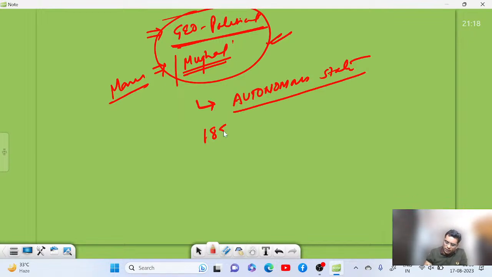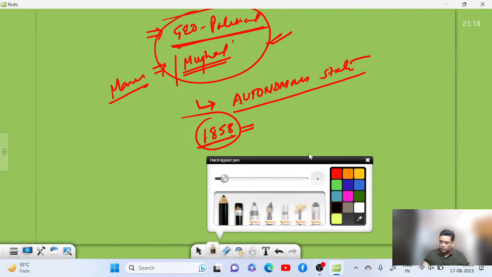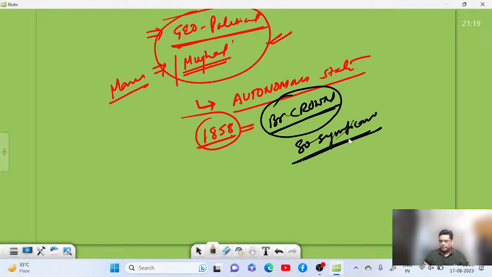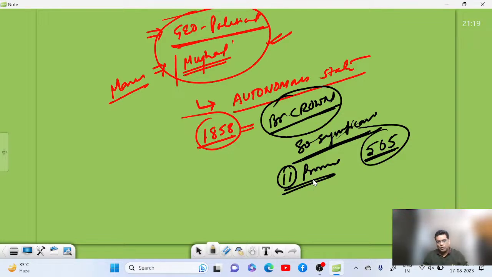And when the British Crown took control over India in 1858, as per the Crown there was nothing so significant that could be called geopolitical unity, because there were 565 princely states, totally different, and 11 provinces after the 1935 Act. How India got united is a long history based on the phenomenon of nationalism.